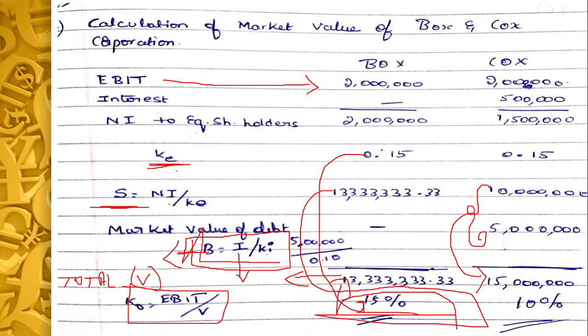You had cost of equity to be 15% and overall cost of capital you have got to be 15%. So, does this formula stand true? K naught we can always find out by EBIT divided by V. And for Cox Corporation, it stands at 10%.